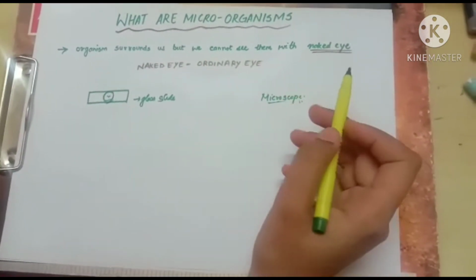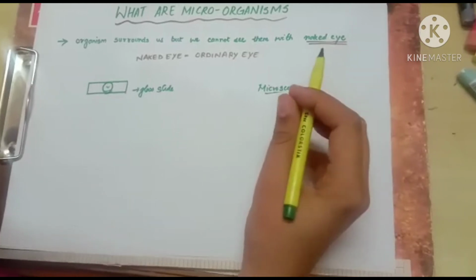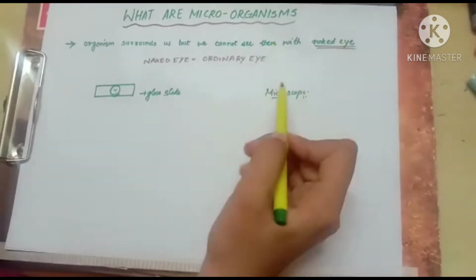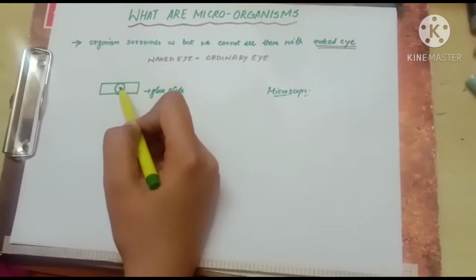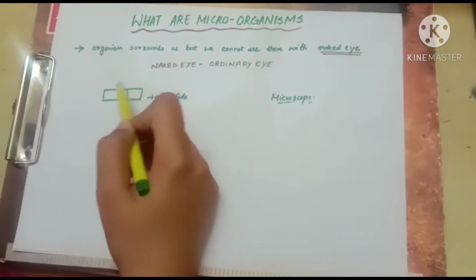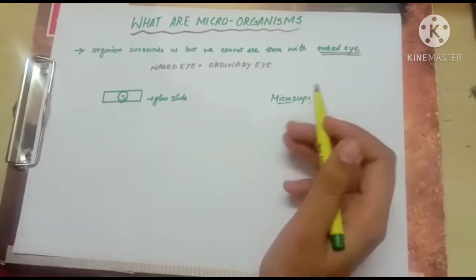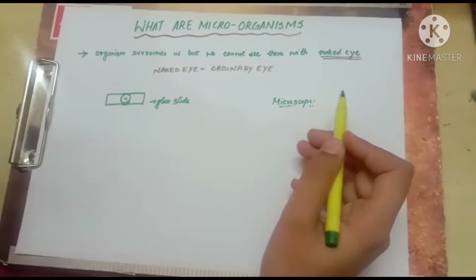You can also take 1 to 2 drops of pond water or lake water, place them on the glass slide, and put the slide on the microscope, and again you will see some organisms.